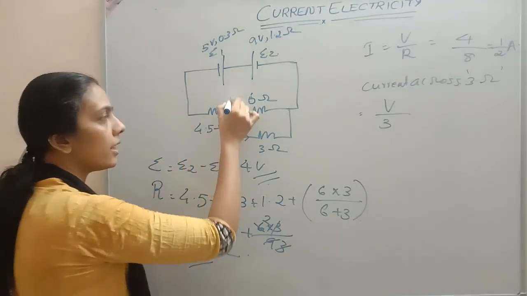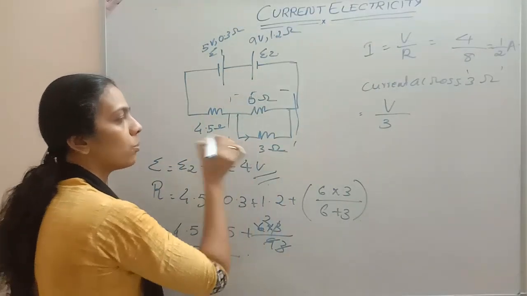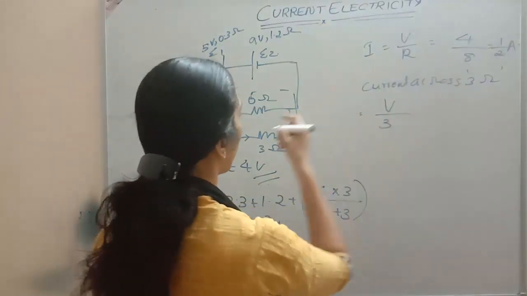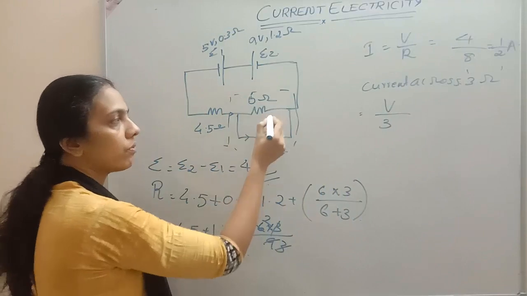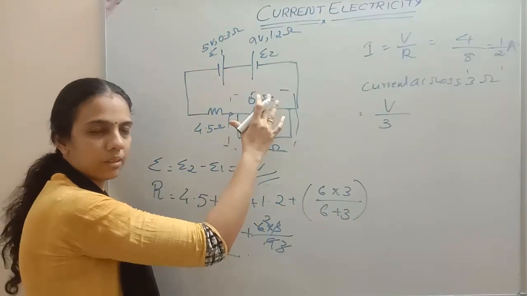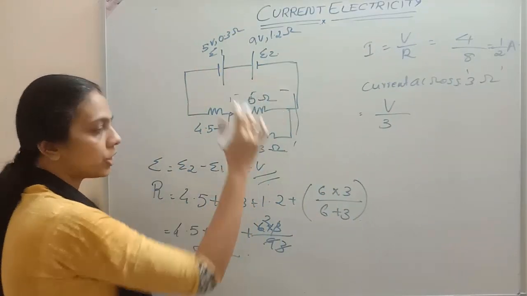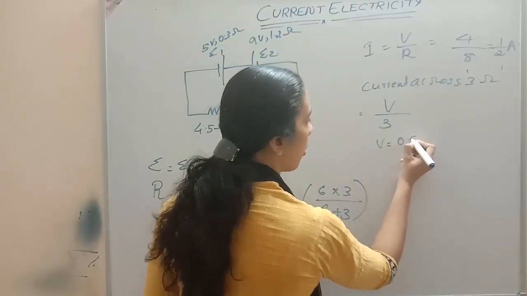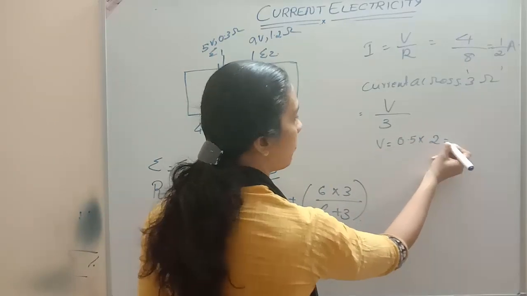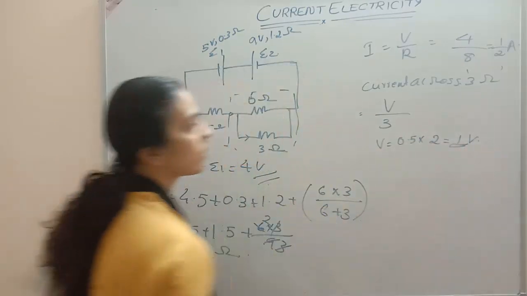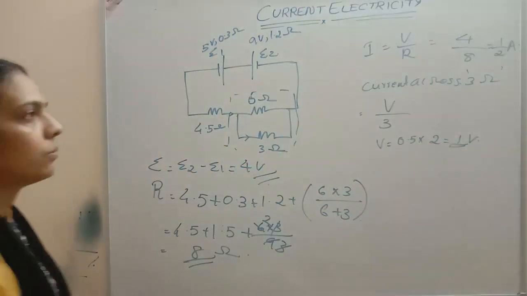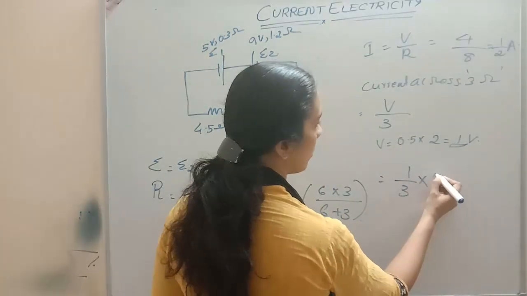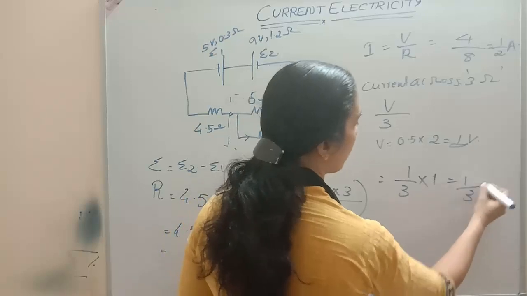So the total current through this 6 ohm and 3 ohm combination, we got as 0.5. This 0.5 is the current. Then what will be the potential difference across it? 0.5 into V equals 0.5 into 2, that is equal to 1 volt. The potential difference is 1 volt, therefore current will be 1 by 3 into 1, that is equal to 1 by 3.